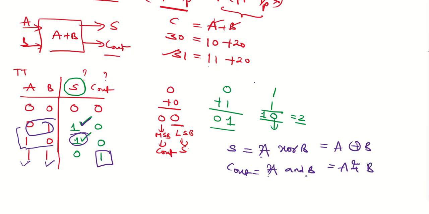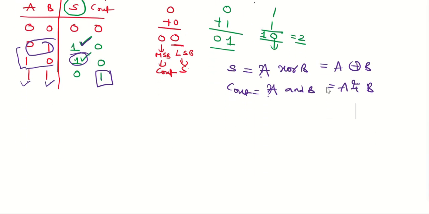After getting the expressions of sum and carry out, you then want to draw the logical circuit diagram. The logical circuit diagram is very important to represent your hardware in the form of gates. So here we see we have two inputs, A, B. The same inputs are given to two gates.